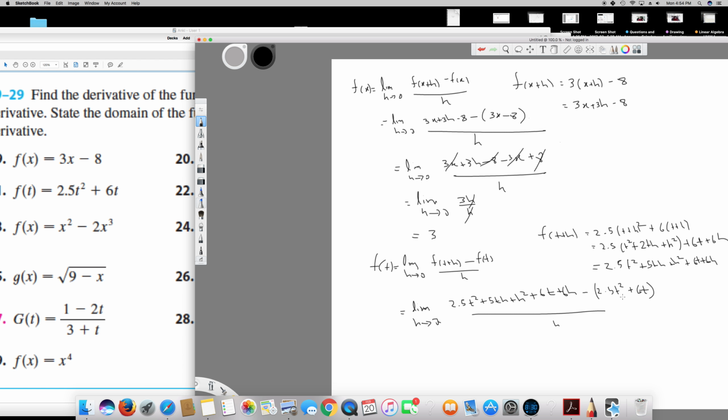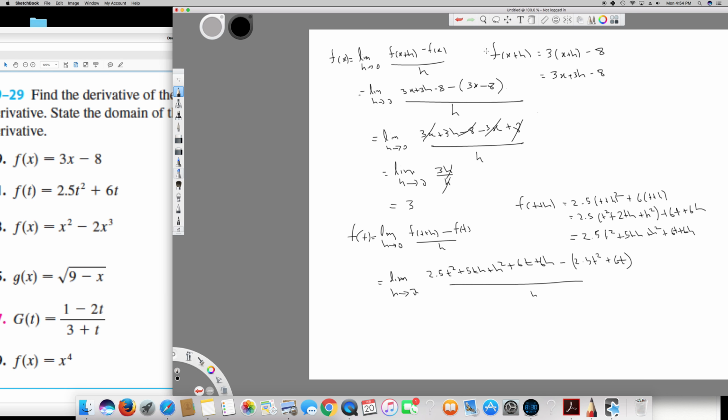Now let's see what we can cancel. Let's expand it in one more step. Limit as h approaches 0 of 2.5t squared plus 5th plus 2.5h squared plus 6t plus 6h minus 2.5t squared minus 6t, over h. Now I can cancel 6t and 6t, and 2.5t squared and 2.5t squared.